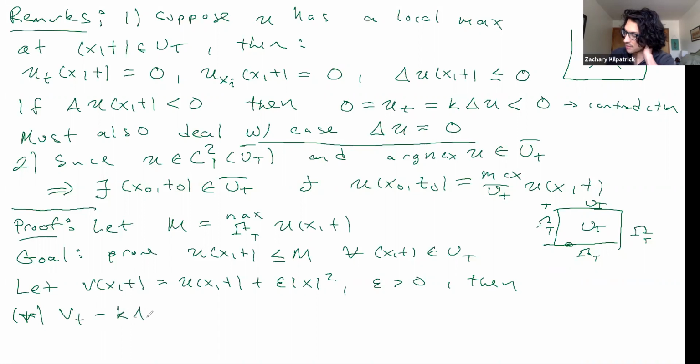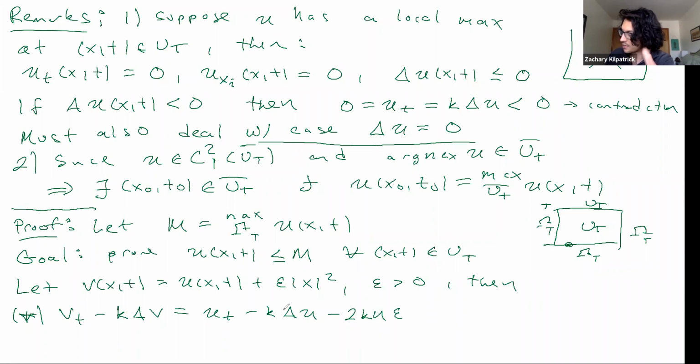All right, so let's define this new function v, and I'm going to define an equation which is just the heat equation operator acting on v, and this is equal to v sub t minus k Laplacian v. The derivative of the added term with respect to t is just 0, right? And the Laplacian of it is going to be 2kn epsilon, right?